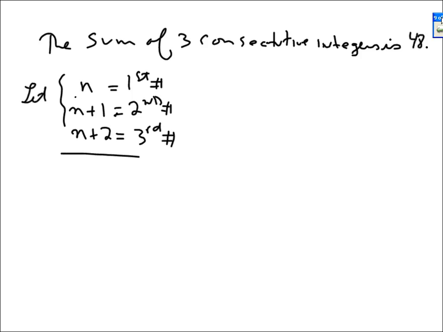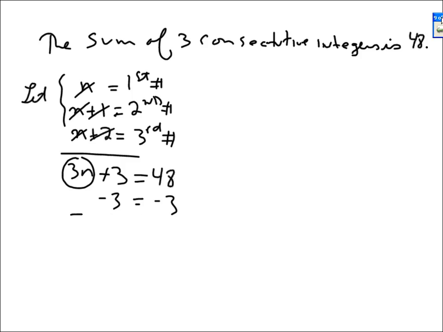Add these up. N plus n plus n is 3n, plus 1 plus 2 is plus 3. And this should be 48. You take away 3 from both sides, and you will see that what I circled is 45. 45 plus 3 is 48.